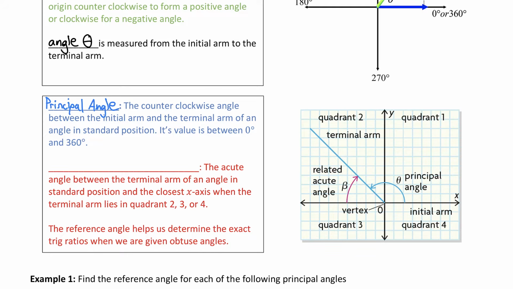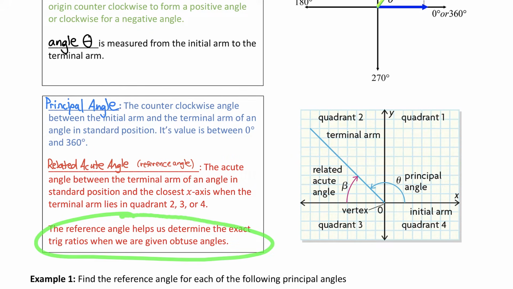And now every principal angle has what's called a related acute angle, which is sometimes referred to as a reference angle. And what that reference angle is, it's the angle between the terminal arm and the closest x-axis. Usually we use beta to represent that reference angle, and it's the angle between the terminal arm and the closest x-axis. So that's our reference angle right in there.